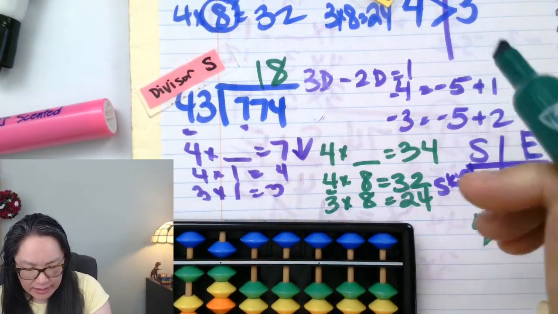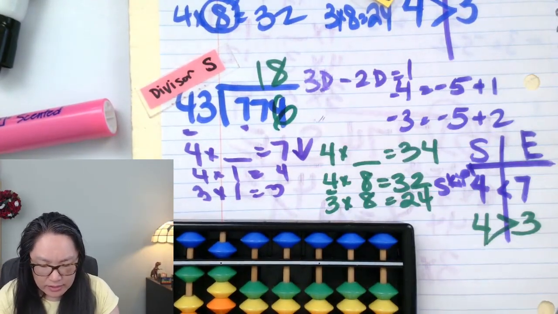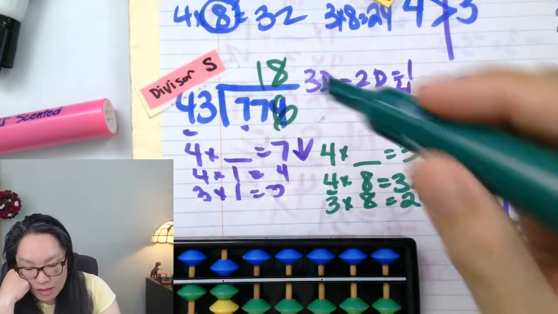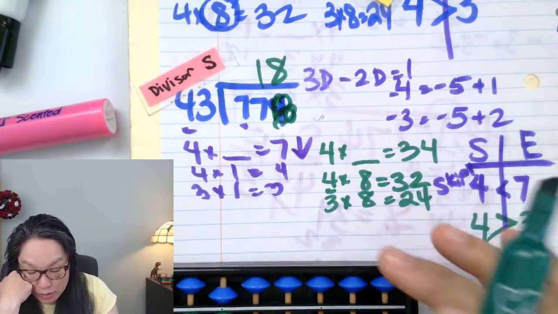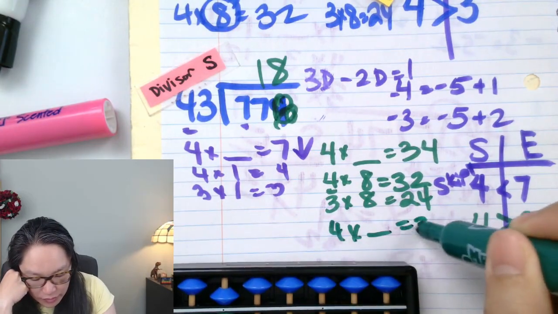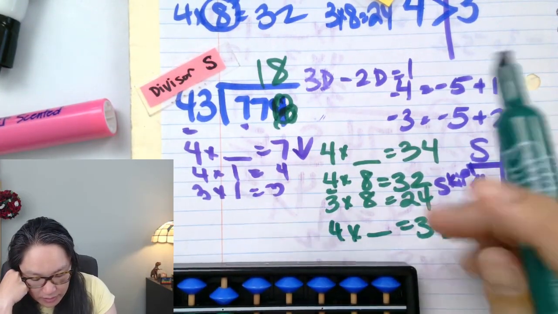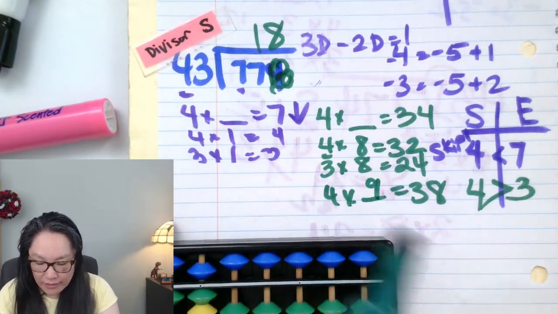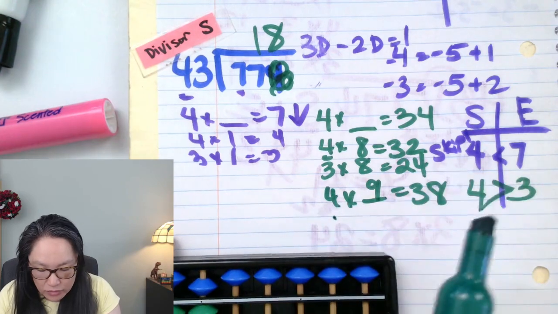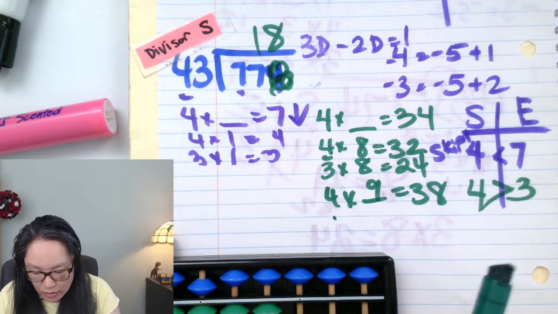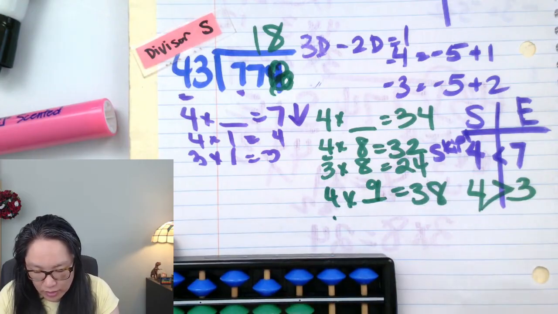Let's say we did 6, right? No, not 36. Oh, you know what? We'll do 8. So we'll do 38. So if we did 4 times what is equal to 38, it would be 9. So we have our 9, so we take away 30. Let's try that.